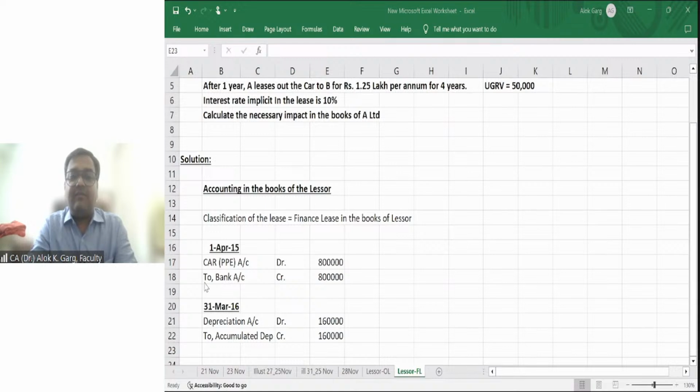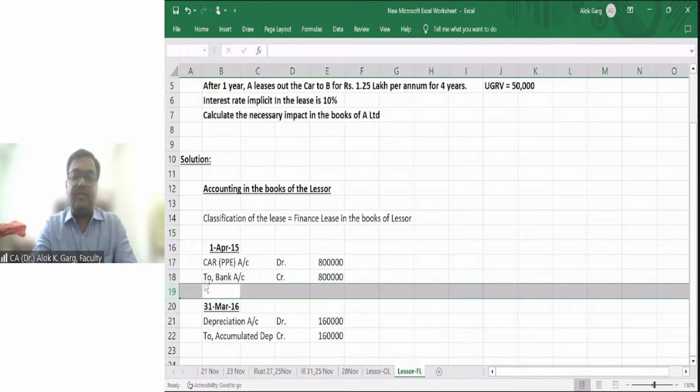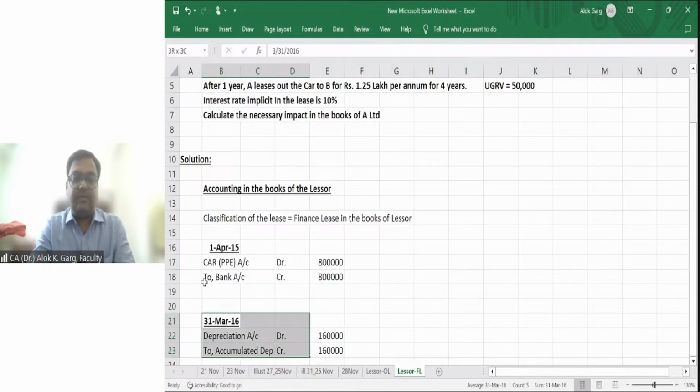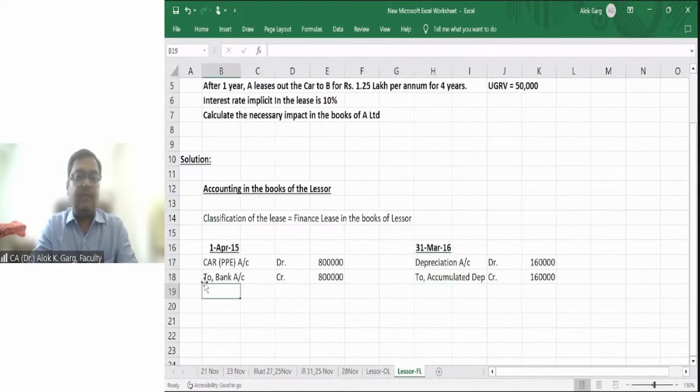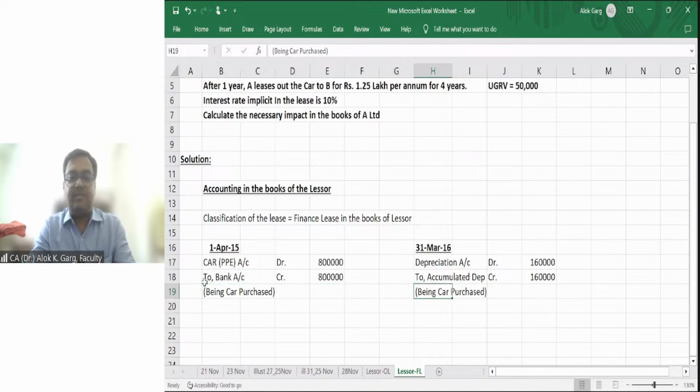What is the carrying value of the car as on 31st March 2016? Let me put the narration also. Being car purchased, being depreciation charged.